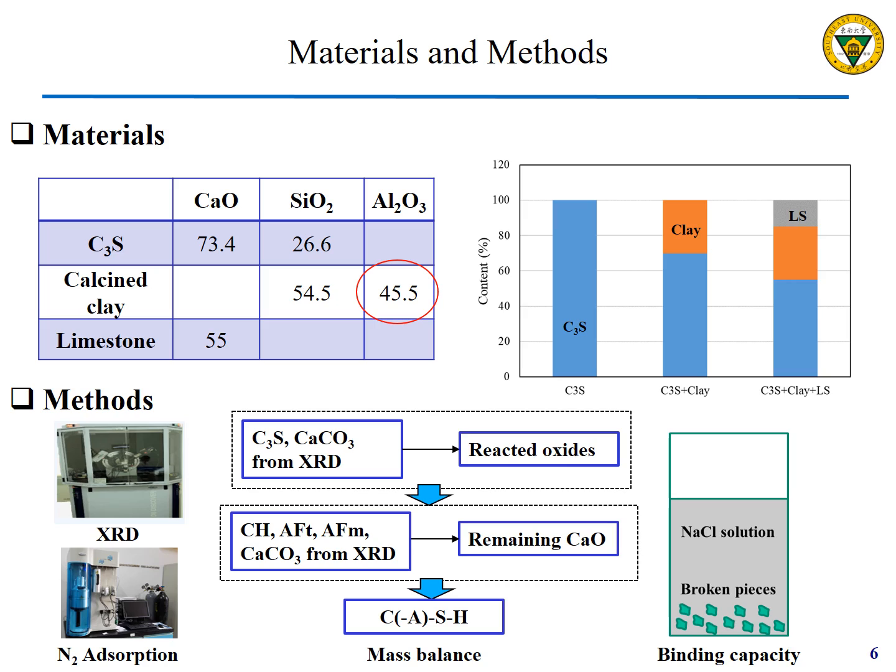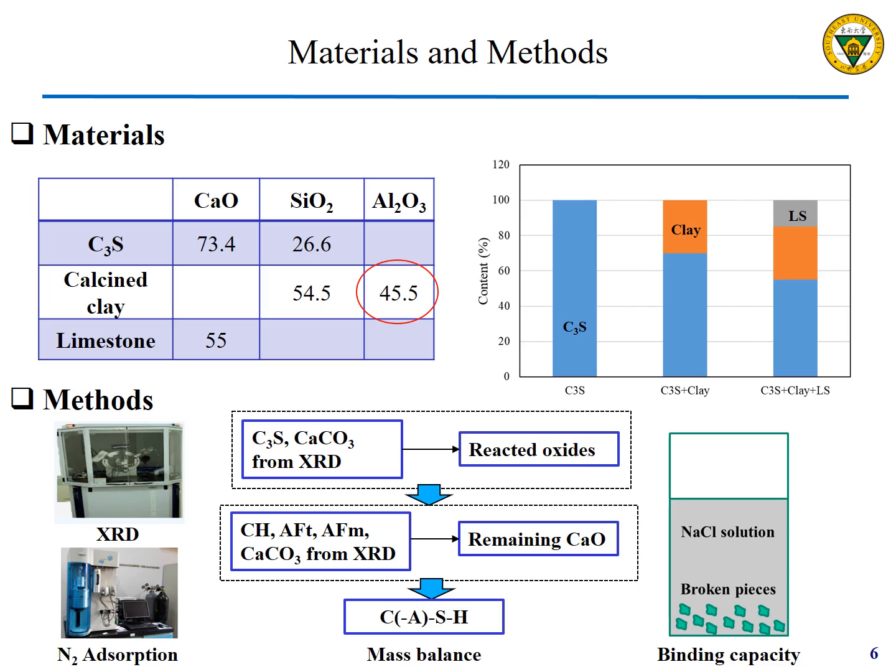The picture on the right will only show 3 mixtures: 100% C3S, C3S with 30% calcined clay, and C3S with 30% calcined clay and 15% limestone. And for pure C3S, there are 2 different water-cement ratios. One is 0.5 and the other is 1.0.